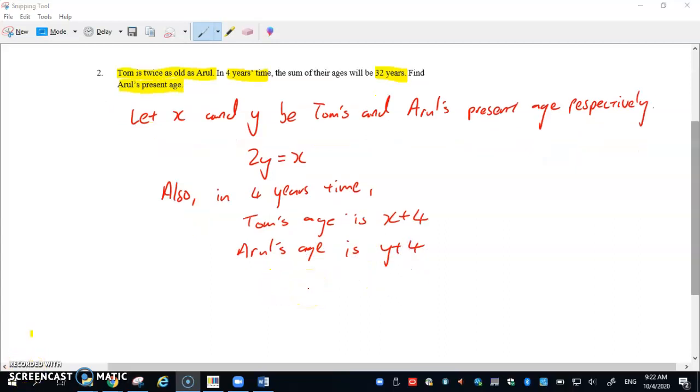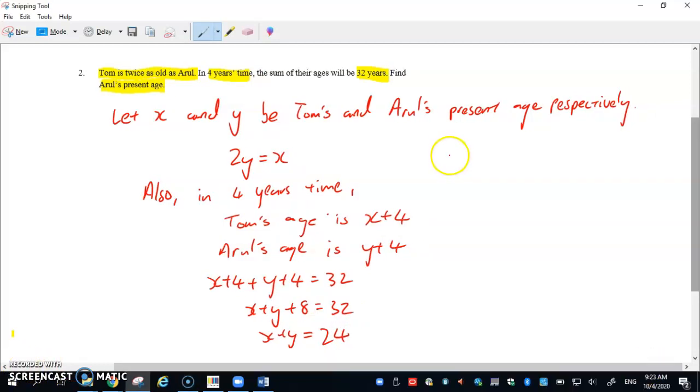And since the sum of their ages is 32, so x plus 4 plus y plus 4 is equal to 32. And what we have is x plus y plus 8 equals 32. x plus y is equal to 24.